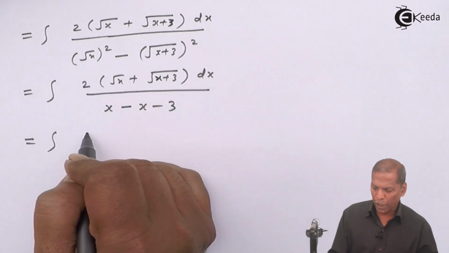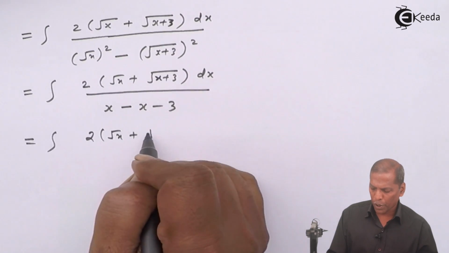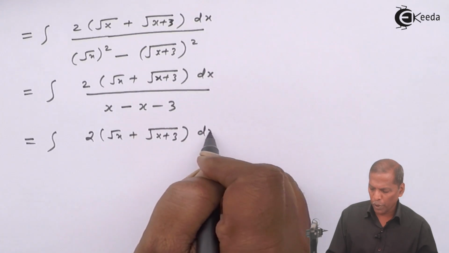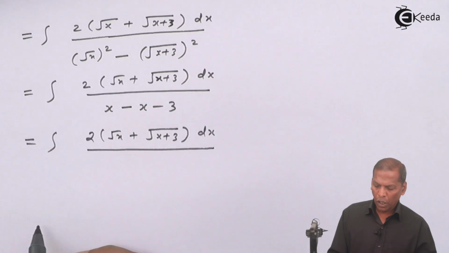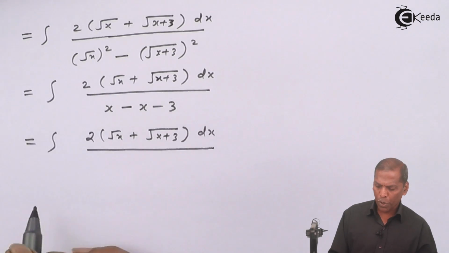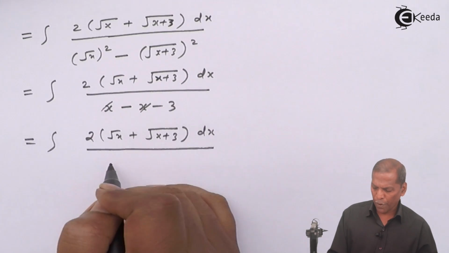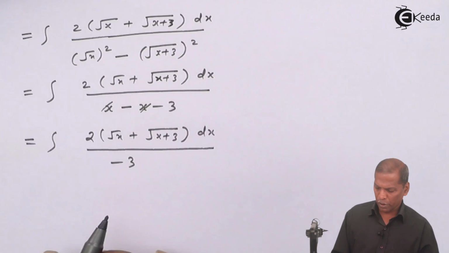Equal to integral 2 bracket root x plus root x plus 3 into dx we write as it is in the numerator. In the denominator, if you observe, plus x minus x cancel, so we are left with minus 3 in the denominator.